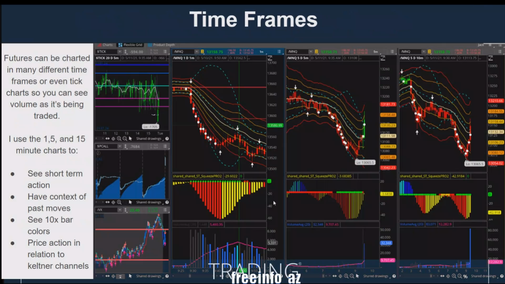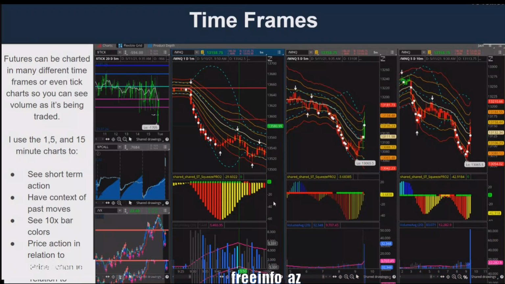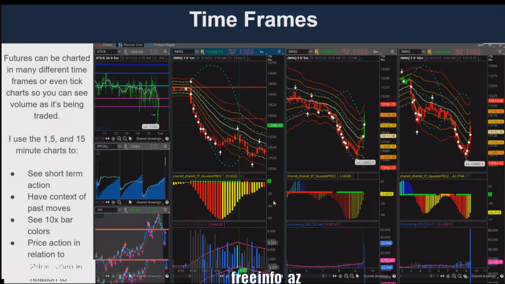Time frames. I'm typically staying on three smaller time frames, and I use one larger time frame for context. In other words, I'll look at the 1, the 5, and the 15, and for context, I'll look at the 30-minute or the hour, just to get an idea of where the market was 8 to 10 hours ago, right? On this chart, you can see this is a 1, 5, and 15.